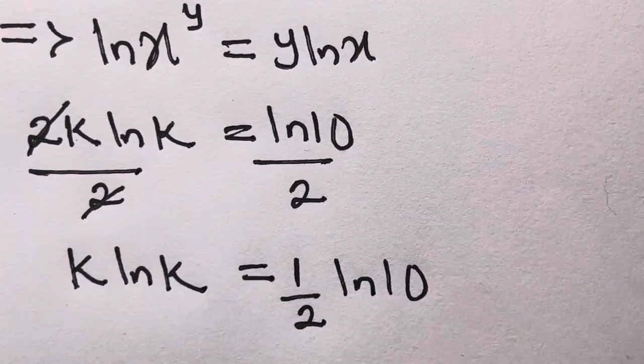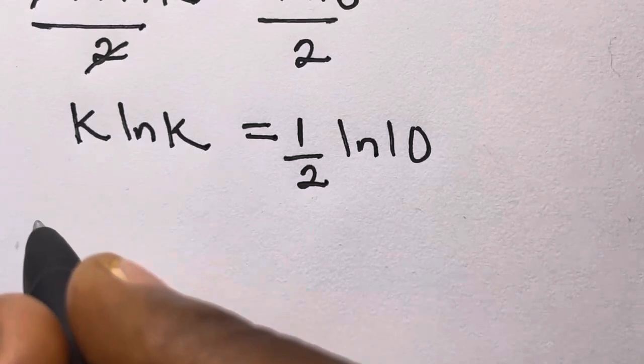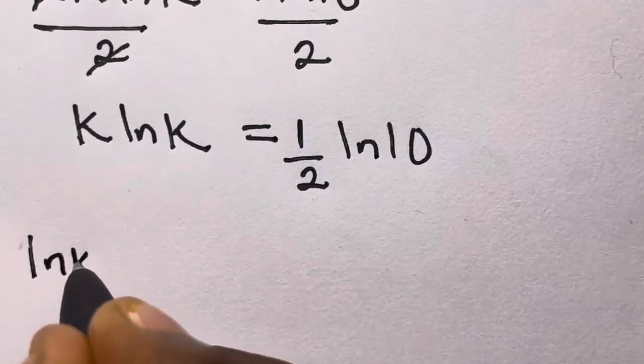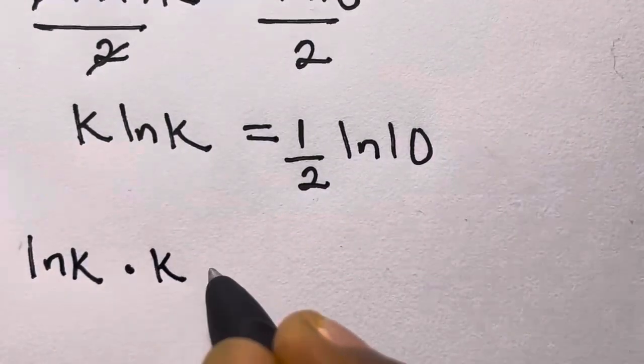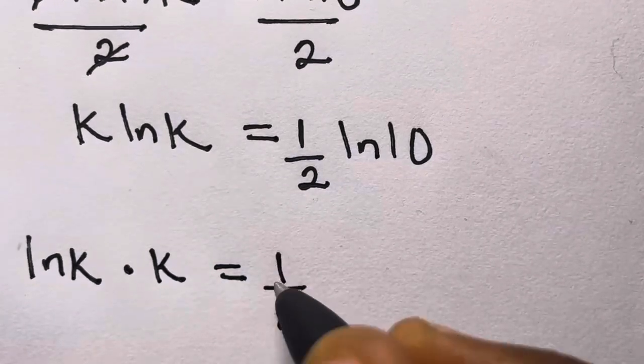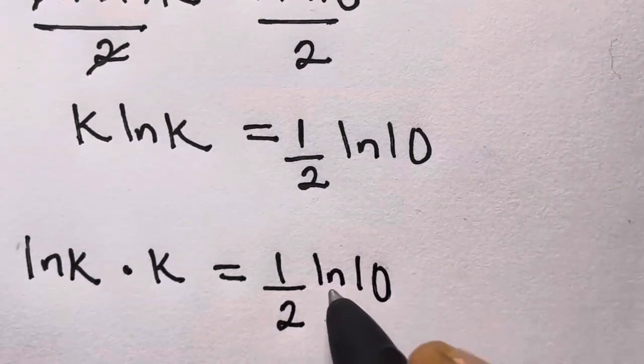So we can rewrite this as ln k times k equals 1 divided by 2 ln 10.